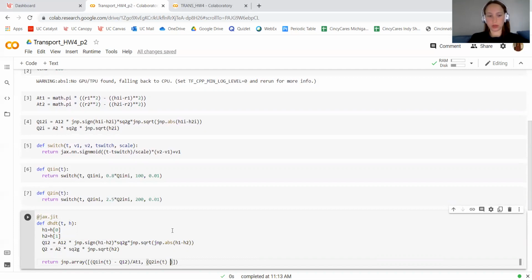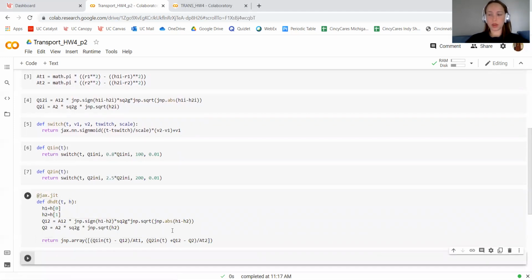So it was the difference in flow rate. So once again, this last column that I have per row written are the differential equations we found in part 1 for the flow rates with the change in height with respect to time.